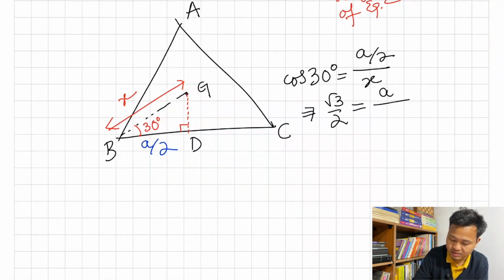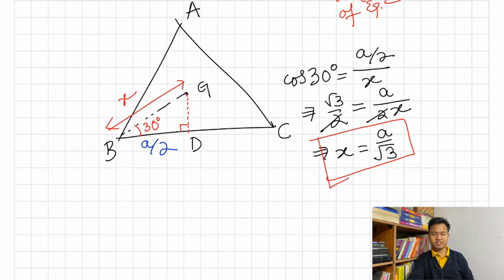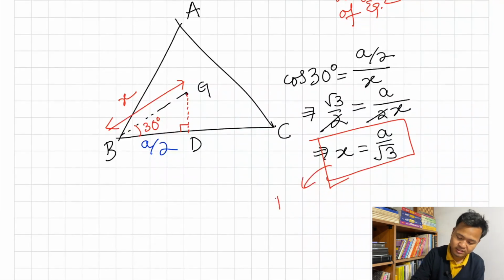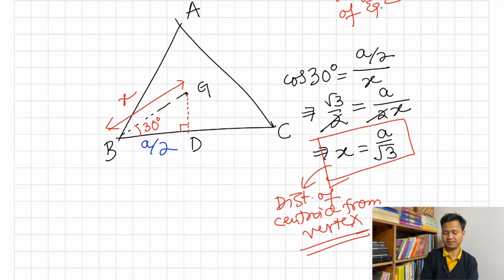So this is A by 2x. The 2 cancels. So what is x? A by root 3. So the distance of the centroid from the vertex is A by root 3. Remember, A by root 3.